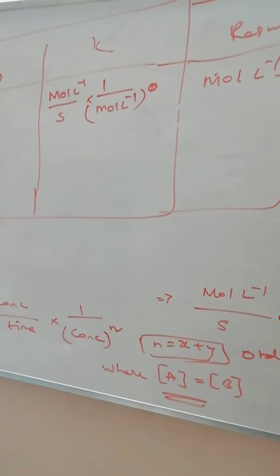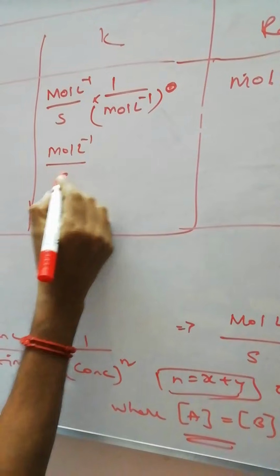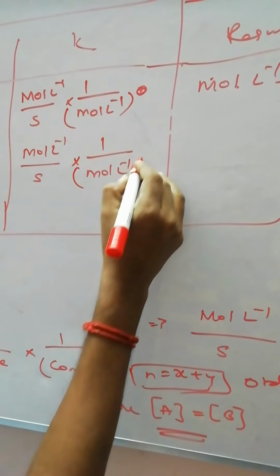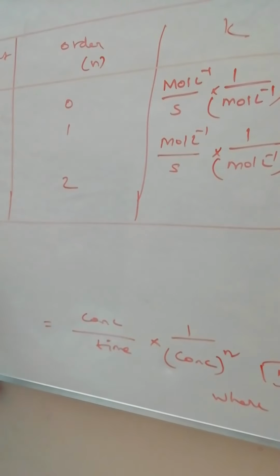Nothing will come. Next, mole per liter per second into 1 by mole per liter power 1, because the order is equal to 1 in this case.